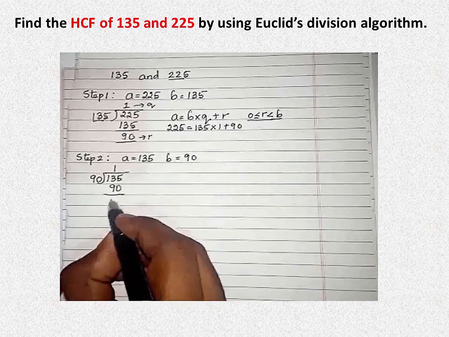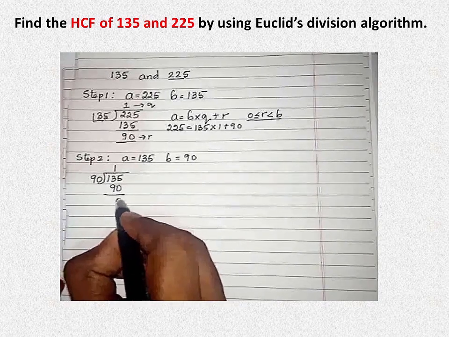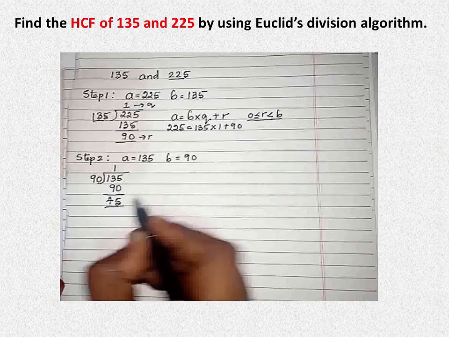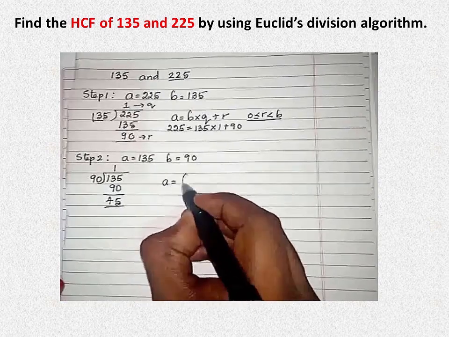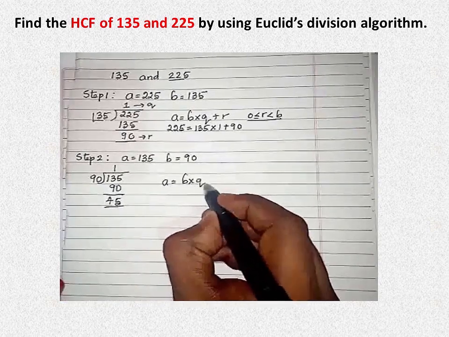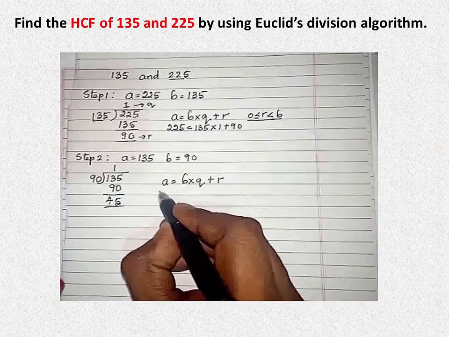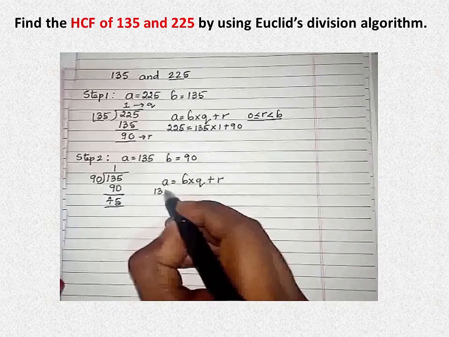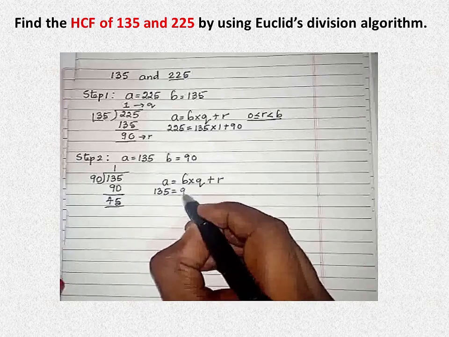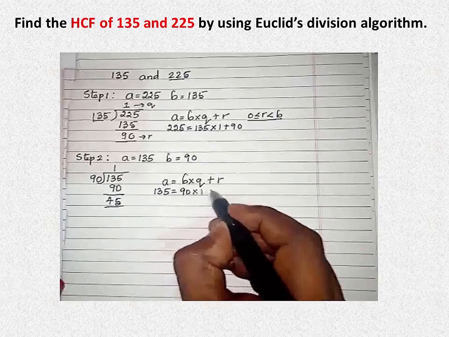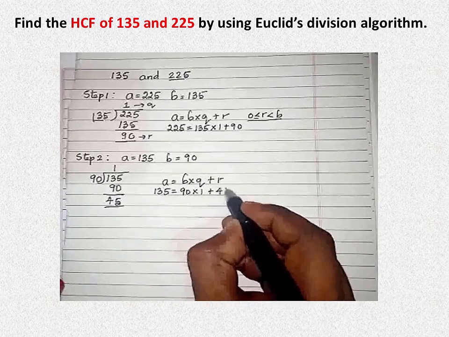The remainder is 45. Now again by Euclid's division algorithm, A equals B into Q plus R. Now 135 equals 90 into 1 plus 45.